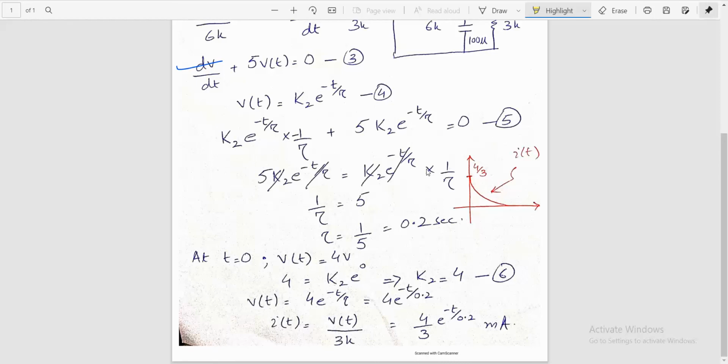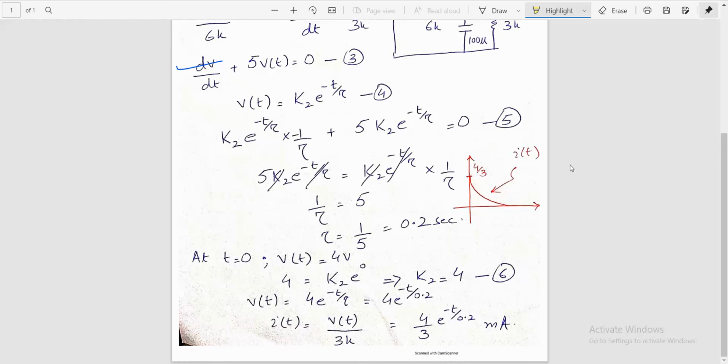So now again, employing the initial conditions we performed in the first step. Yes, in the first step we performed the analysis for t is equal to 0. At time t is equal to 0, v of t is equal to 4 volts.